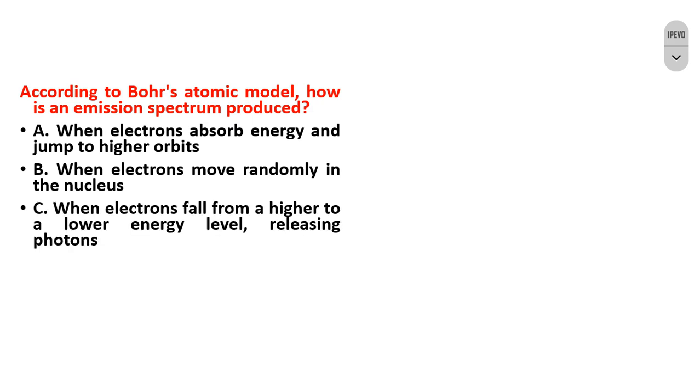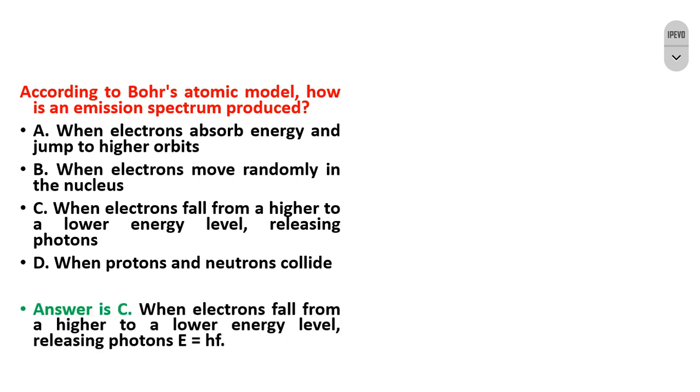C. When electrons fall from a higher to a lower energy level, releasing photons. D. When protons and neutrons collide. The correct option is C. When electrons fall from a higher to a lower energy level, of course you know that photons are being released.